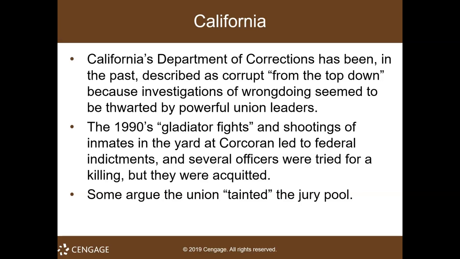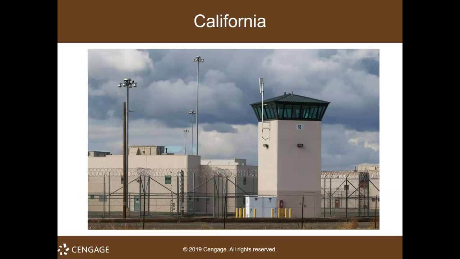In the 1990s, gladiator fights and shootings of inmates in the yard at Corcoran led to federal indictments, and several officers were tried for killings and assaults, but they were ultimately acquitted. And some argue that the union basically tainted the jury pool because the union is so strong.